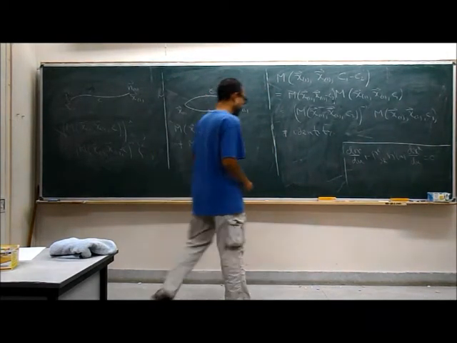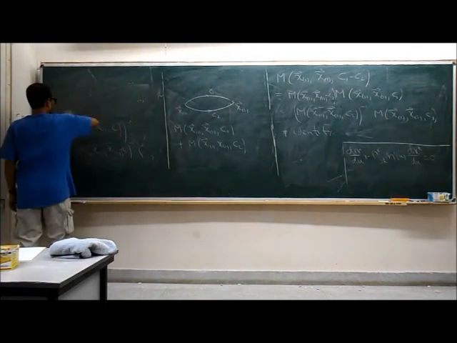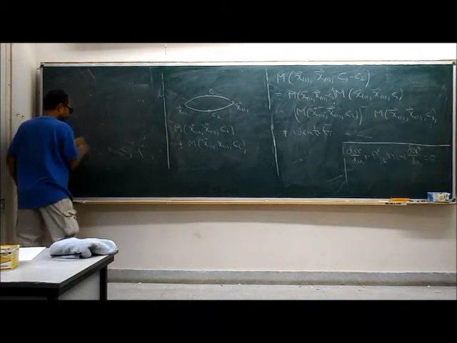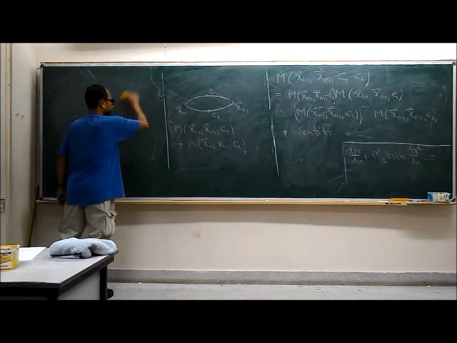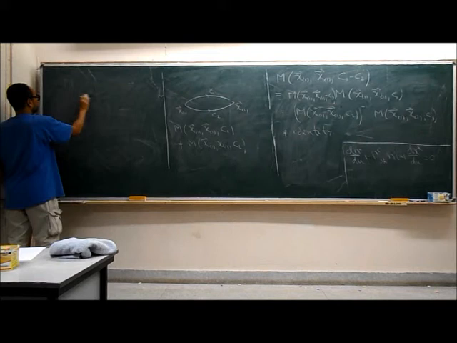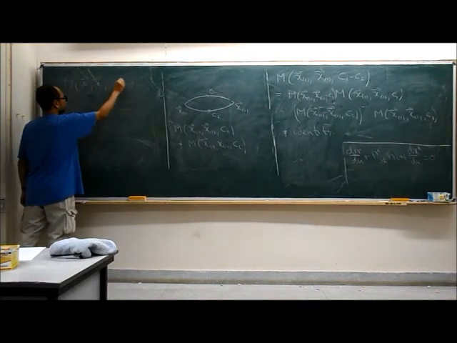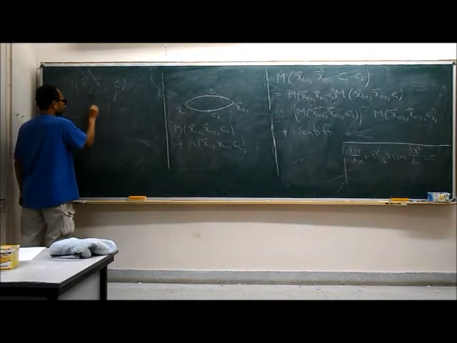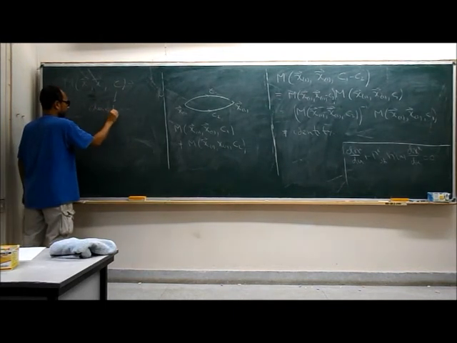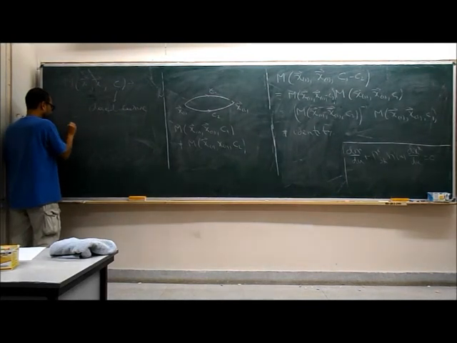So a matrix of this kind, where the initial and the final points are the same, has a name, it is called the monodromy matrix. So M(x, x, C), where C is some closed curve. This is called the monodromy matrix.